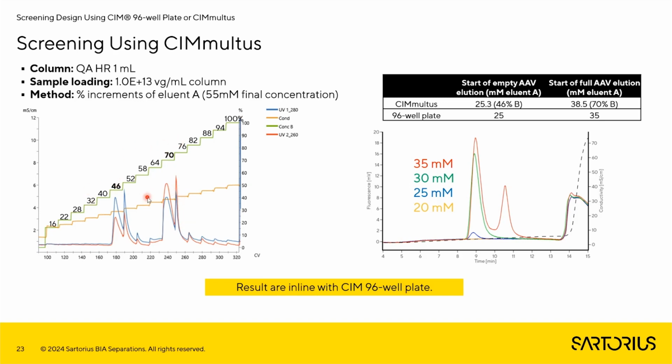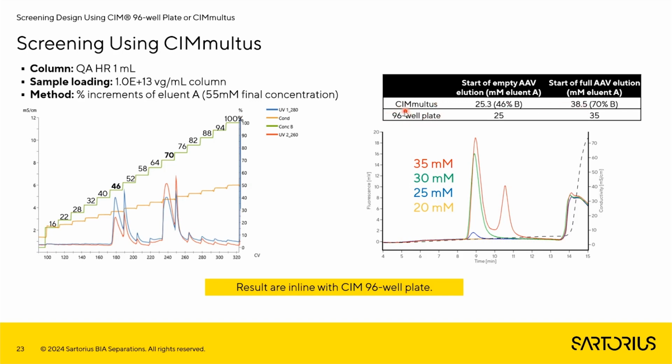Translating those two numbers into millimolar salt concentration, we see in this top table that 46% B equals 25 millimolar eluting salt, and 70% is roughly 38.5 millimolar of eluent A.